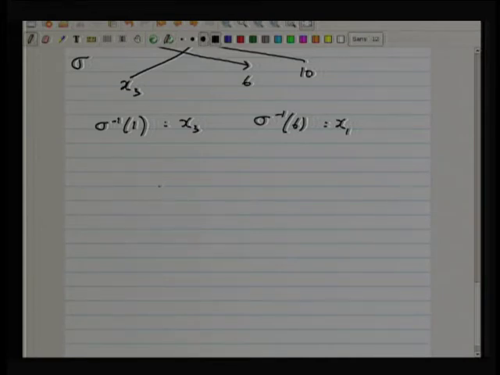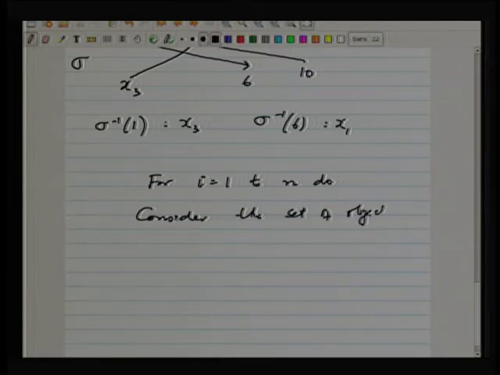Okay. So, for i equal to 1 to n, consider the set of objects sigma inverse 1, sigma inverse 2, up to sigma inverse i, the first i objects of the random permutation.